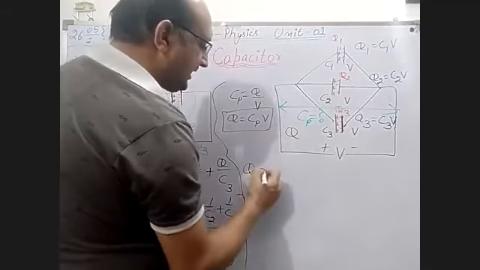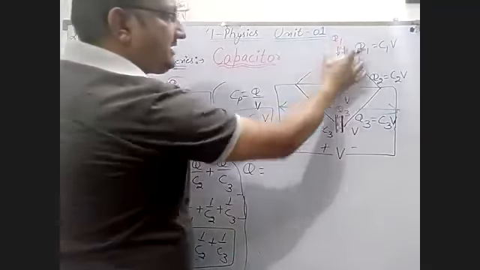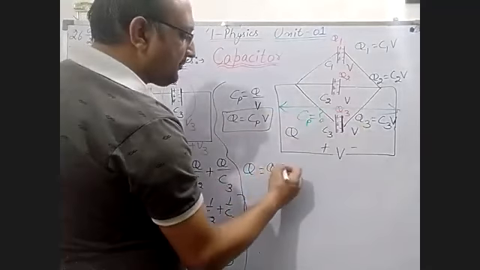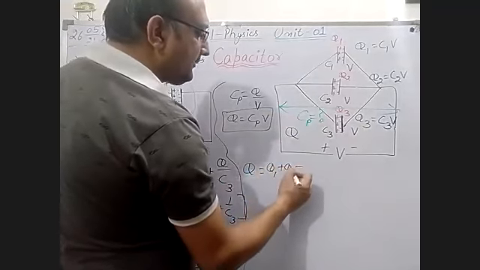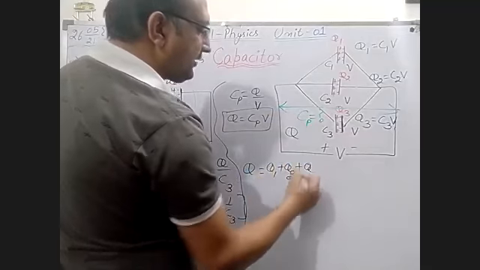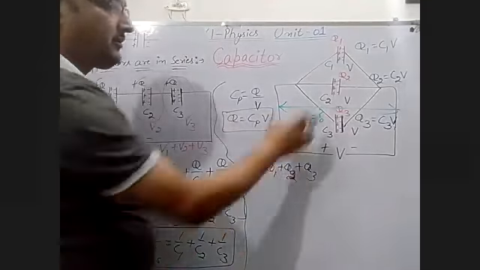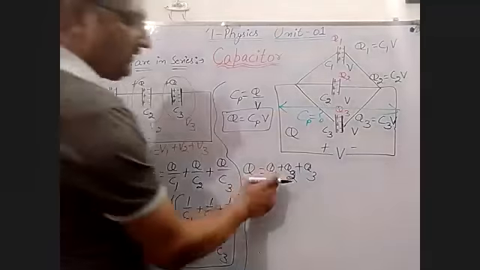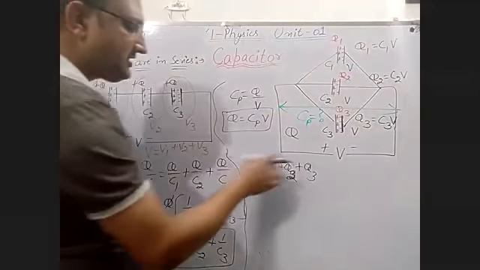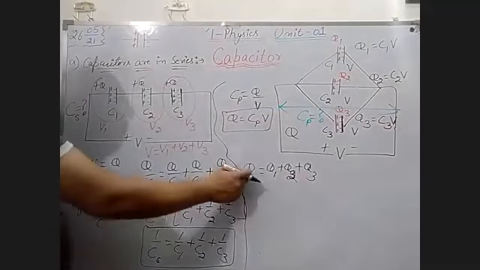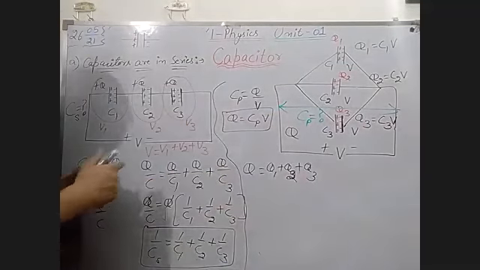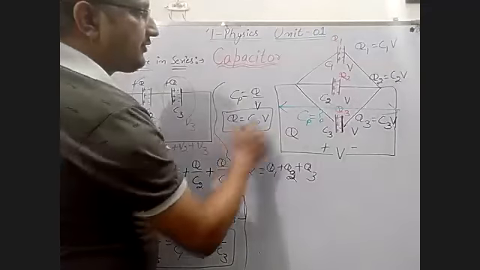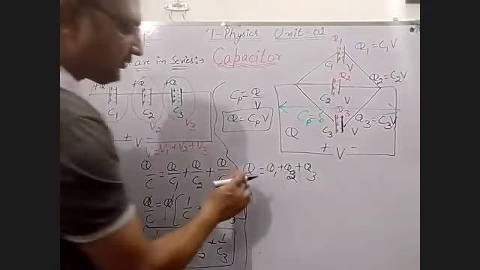Total charge is Q, and it is divided into three parts, Q1 plus Q2 plus Q3. Now write this equation from the figure. If we combine these three charges, it will become the total charge. The next step is to put all the values of Q, Q1, Q2, Q3 in this equation.